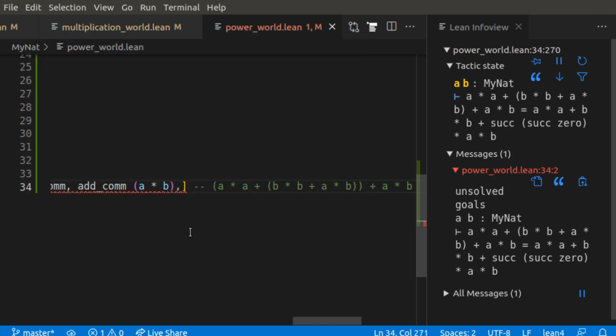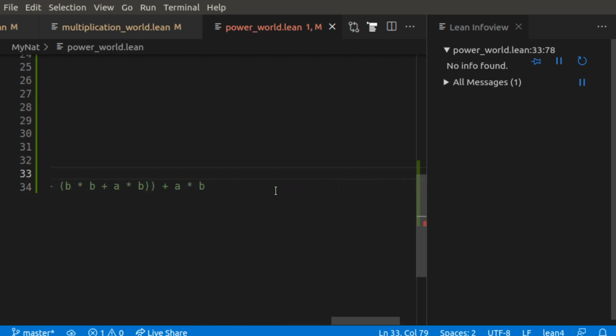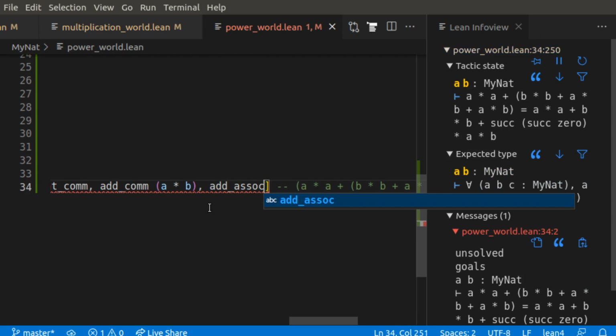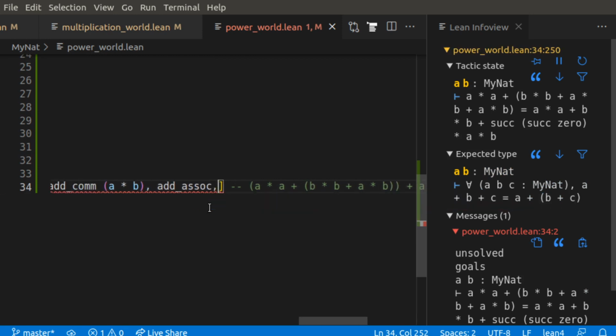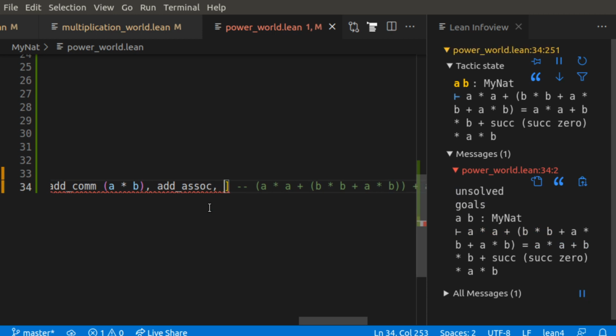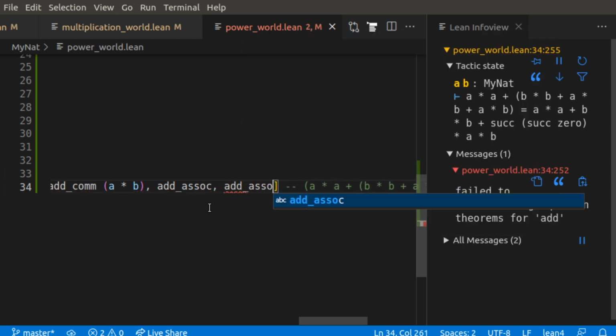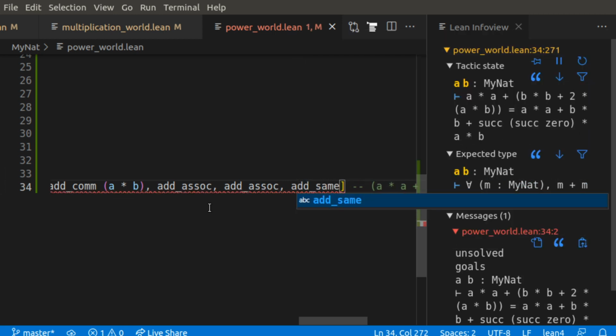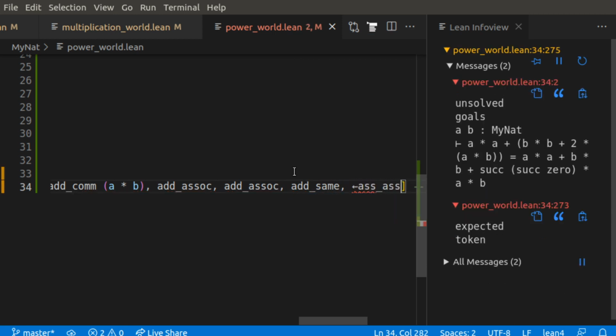Okay, now I think we apply then a regular add associative. Add associative. Nice. Okay, now we can apply add associative. Nice. Add same. Let's go. Okay, now we need to apply add associatives in reverse.